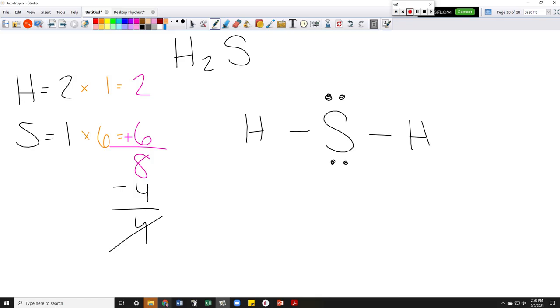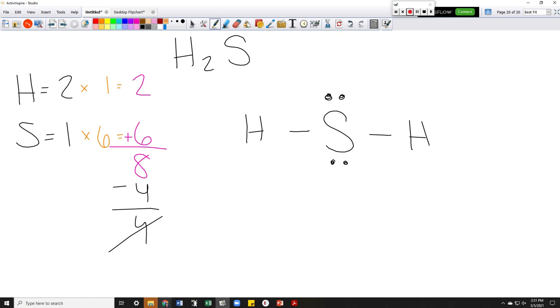All right, so let's go to our VSEPR. Let's go to the next column. According to the central atom, how many atoms are bonded to it? 2. According to the central atom, how many lone pairs are around? 2. So what is your AB model? AB2E2. Write that down between those boxes.